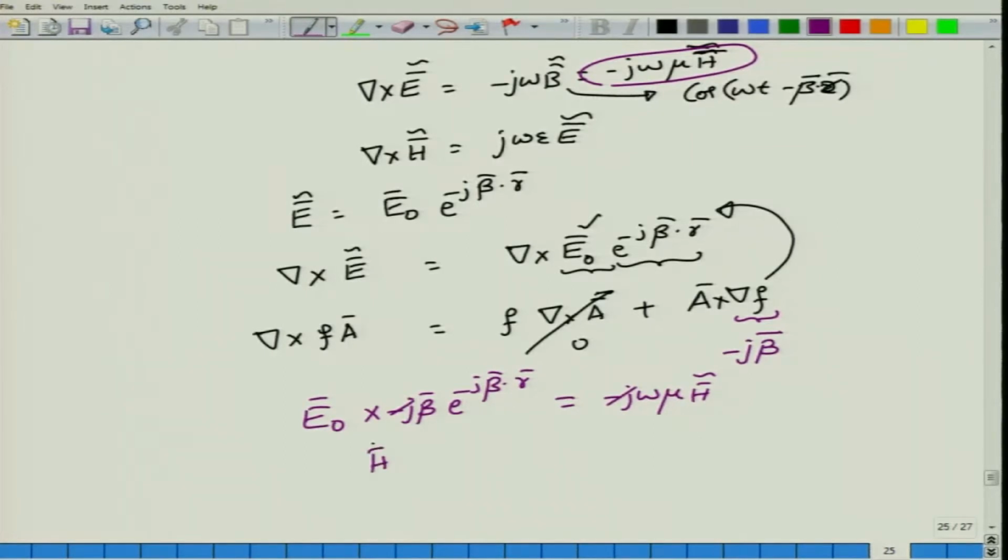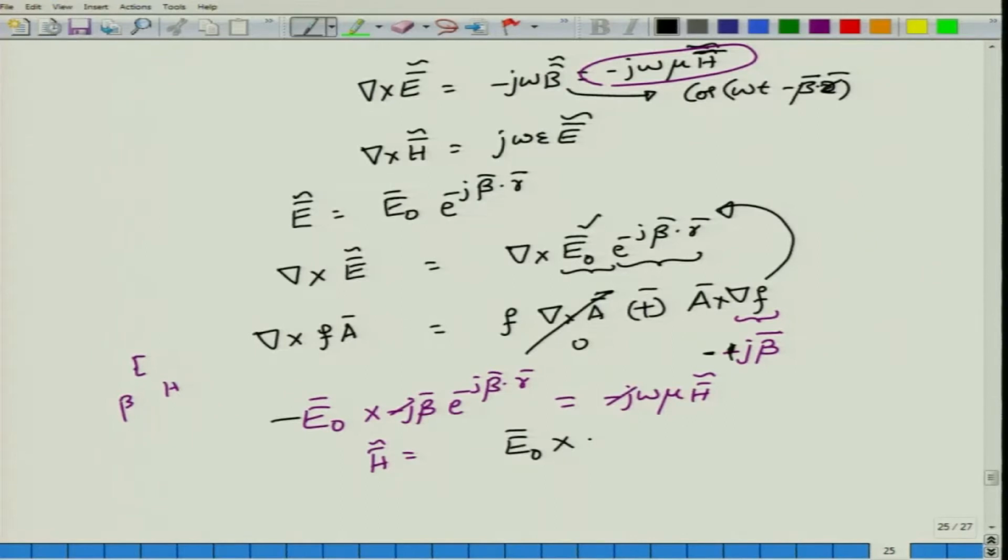So this should actually have been gradient of f cross A. So there has to be a minus sign somewhere, and therefore beta should come on this side and E0 on the other side. So I have E0 vector cross beta.